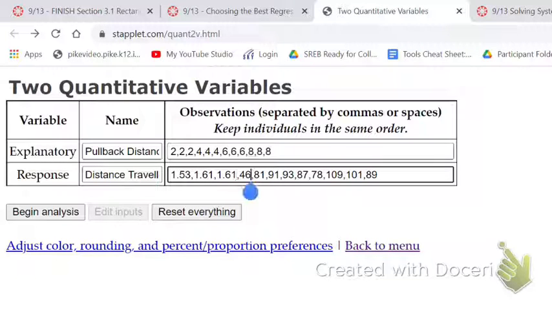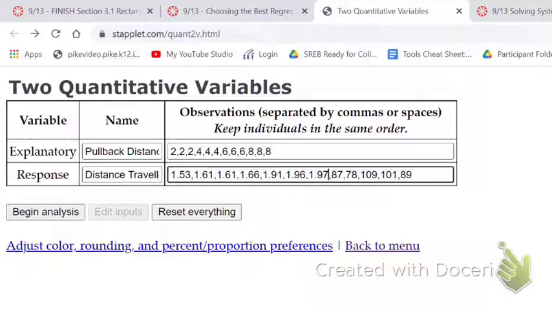Log of 46. 1.66. Log of 81. You said 1.91. Log of 91. 1.96. Log of 93. 1.97.